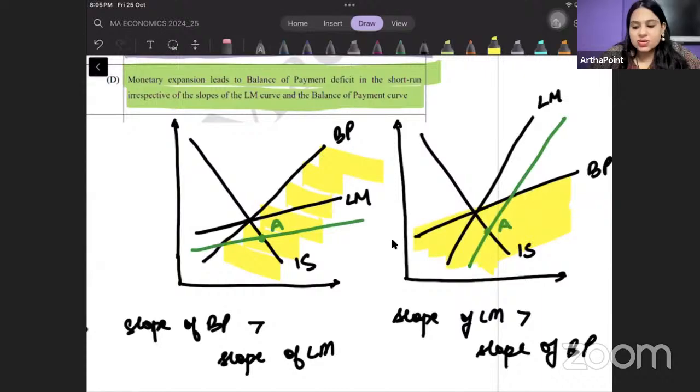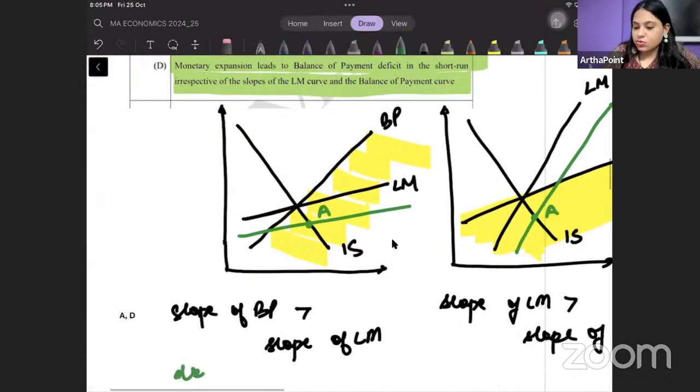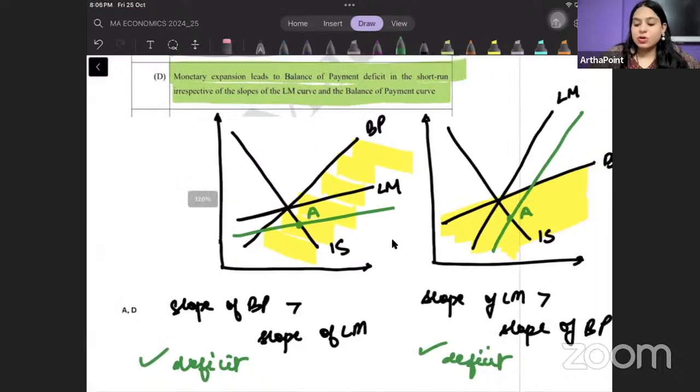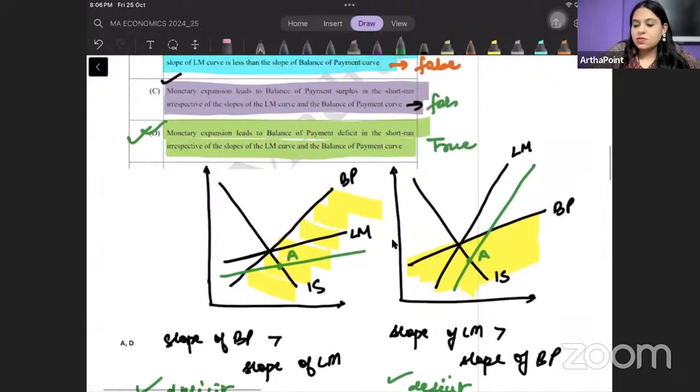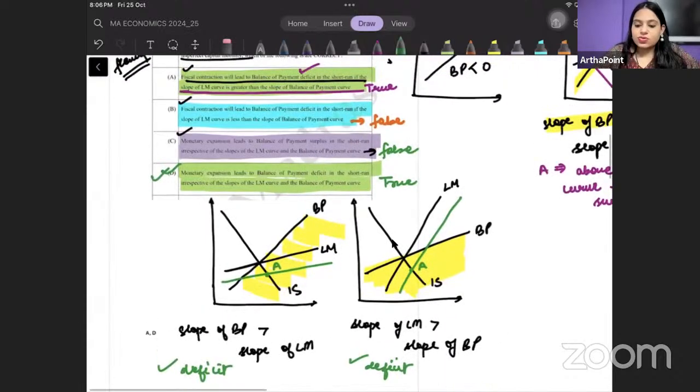In both the cases, right? So it means that in both cases, it is going to lead to deficit, because it is below the BP curve. So this is true and this is false. That's the analysis of this question.